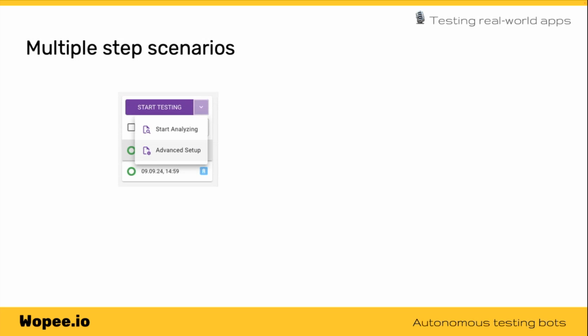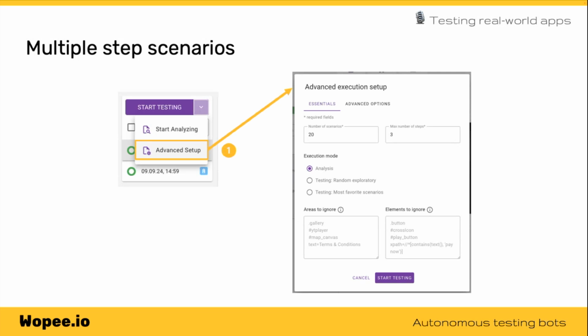You go to that same area where we have now Start Testing because the analysis is finished. We expand the button, we click on advanced setup, and once this opens the advanced execution setup, we set the maximum number of steps to a higher number. By default, there is just one.